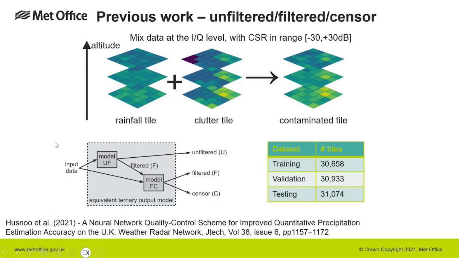The top part of this, which is one of the contributions we had in our paper, is very similar to what Federico just mentioned earlier, where you take IQ data for pure rainfall signal where you know there is no clutter, and we take clutter tiles, which we call tiles because they're little cutouts where you get the horizontal, azimuthal and radial spread, so you can have the spatial variability.